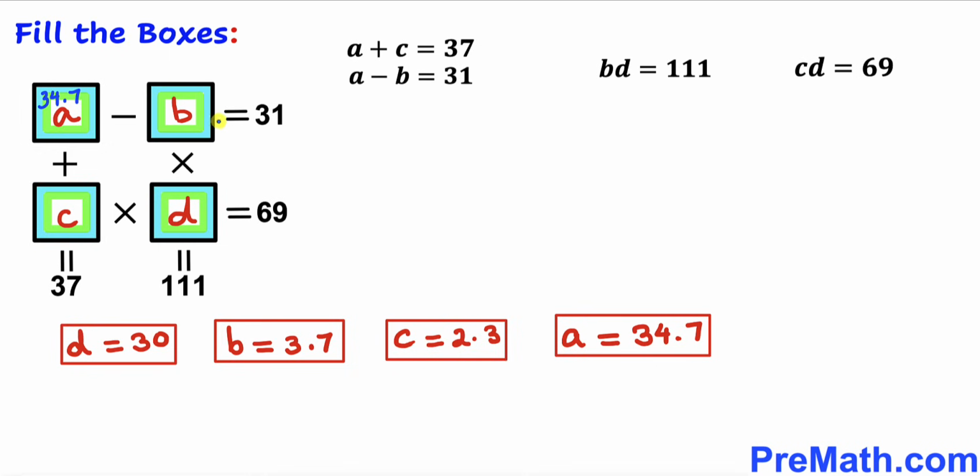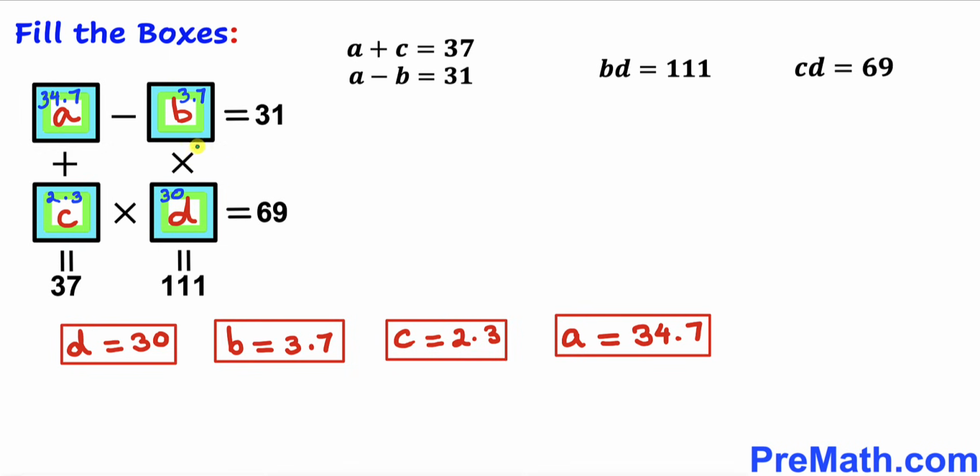Thus our lowercase a value is 34.7, lowercase b value is 3.7, lowercase c value is 2.3, and finally our d value is 30.